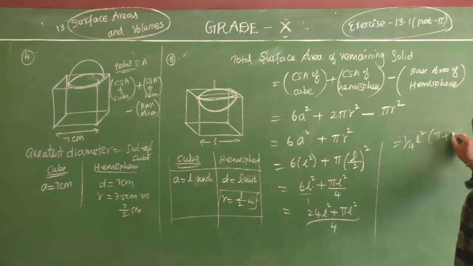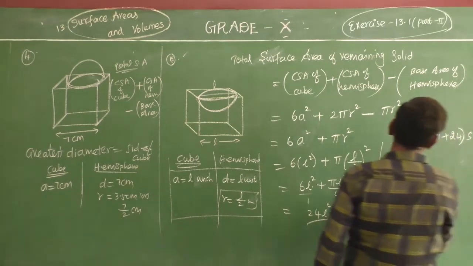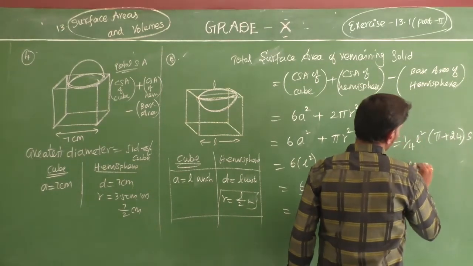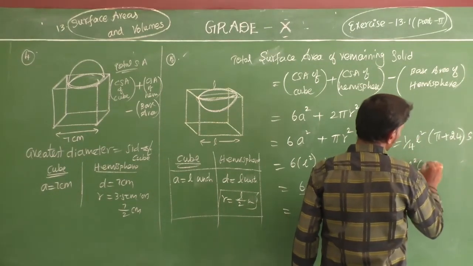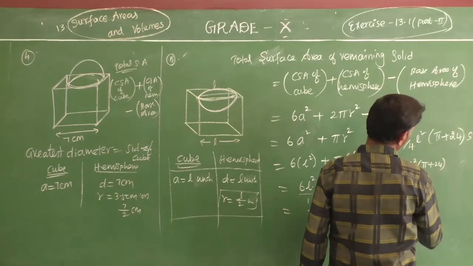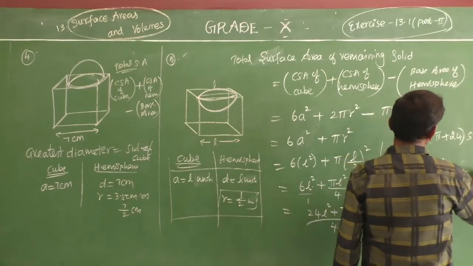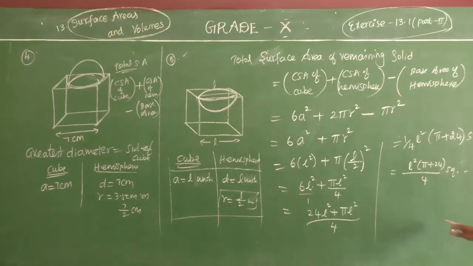Pi plus 24, or 24 plus pi, square units. Otherwise, L square into (pi plus 24) is also the same, students. So that is your factor. Have you got it, children?